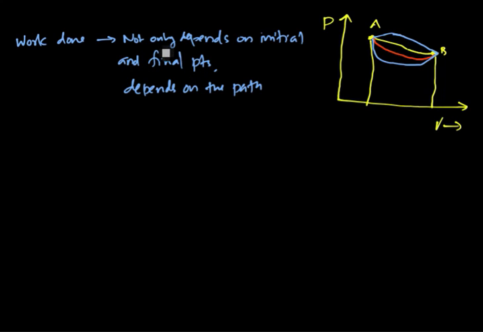Now consider an ideal gas in two situations, initially constrained to P1, V1, T1. That is, the pressure is P1, the volume is V1, and temperature is T1.